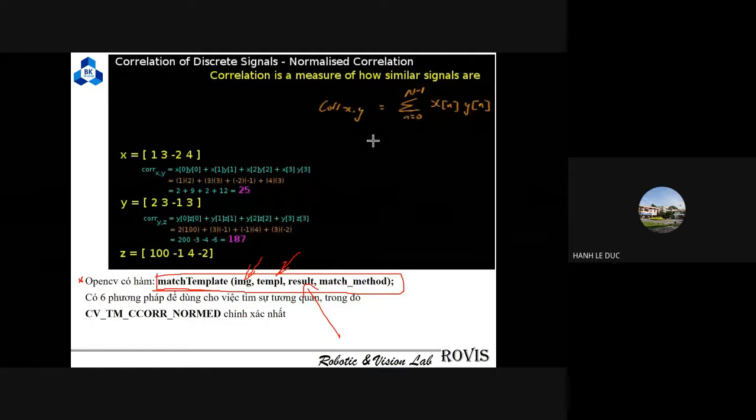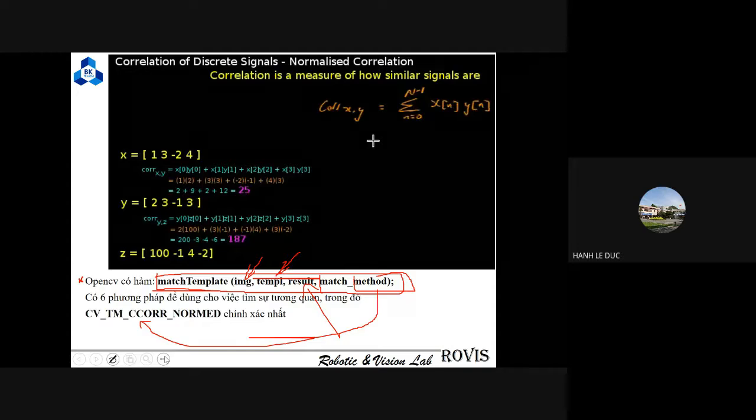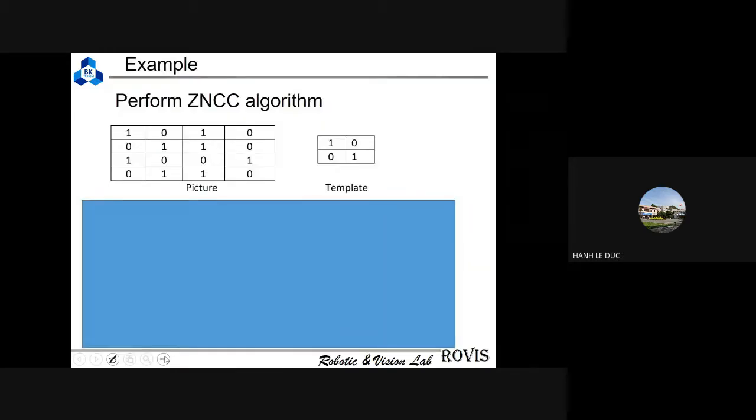And then this is the matching method, because matchTemplate in the OpenCV library uses many methods. You have to choose this one, because this one is our algorithm. Okay, so let's do the example.